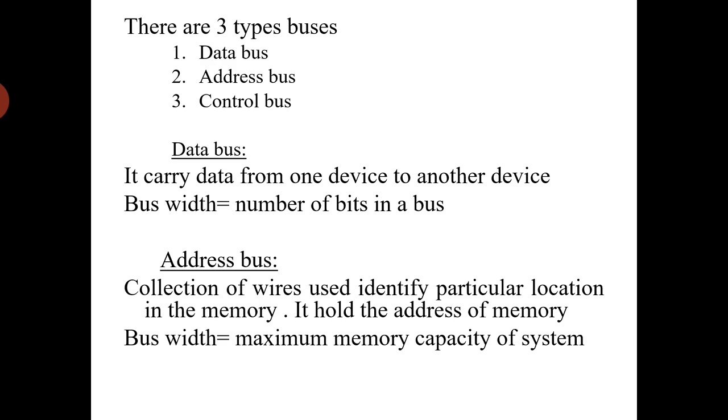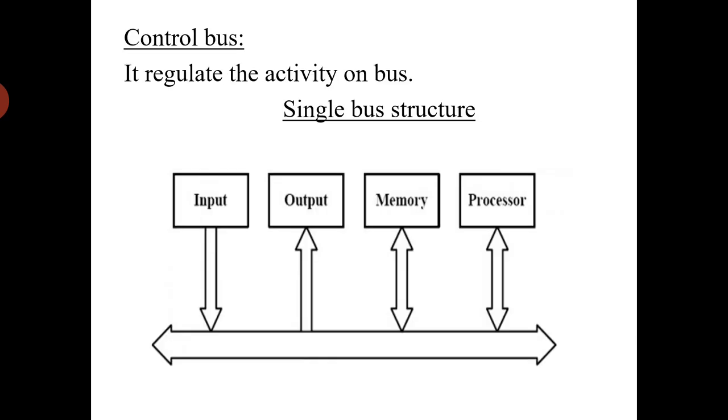And the third one is the control bus. It regulates the activity on the bus, meaning it controls the address bus and data bus. Both the address and data bus are controlled by using a control bus.